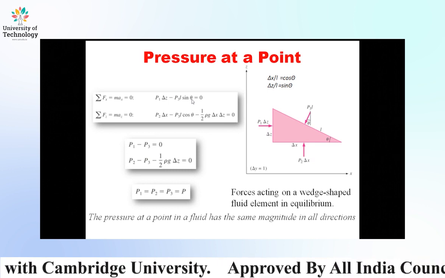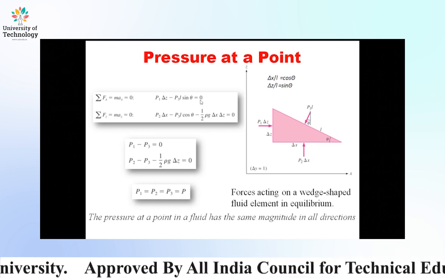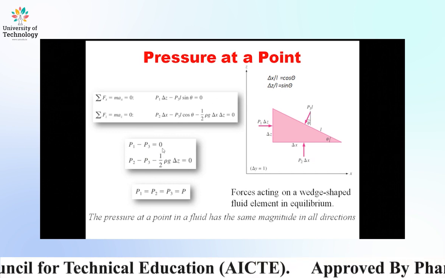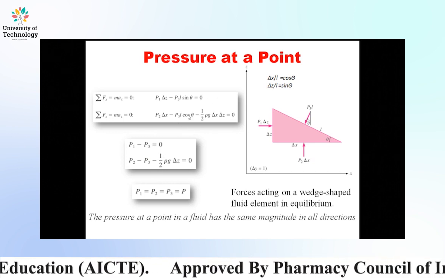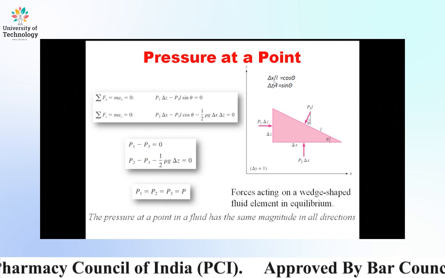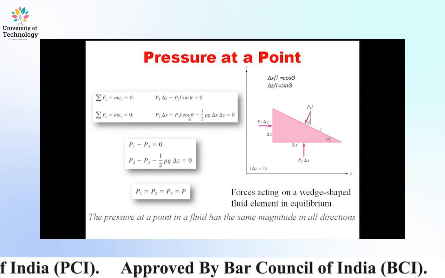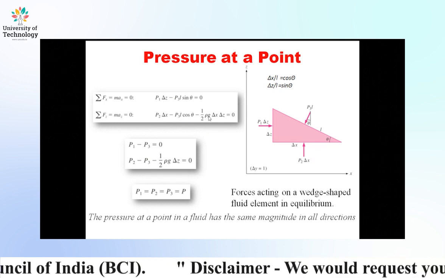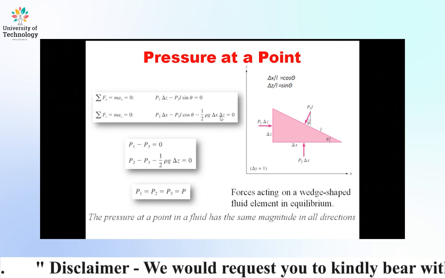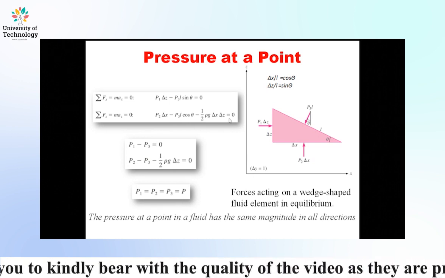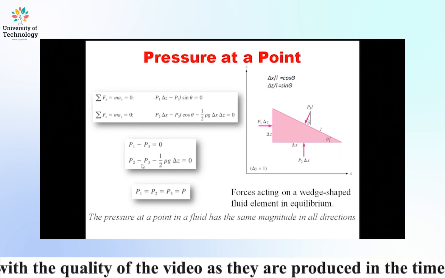Delta z is not equal to 0, so P1 minus P3 is equal to 0. Now L cos theta is equal to delta x. Put in delta x, so the equation is P2 minus P3 minus half rho g delta z multiplied by delta x equals 0. Delta x is not equal to 0. Therefore, P2 minus P3 minus half rho g delta z equals 0.